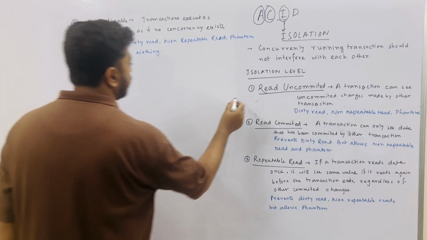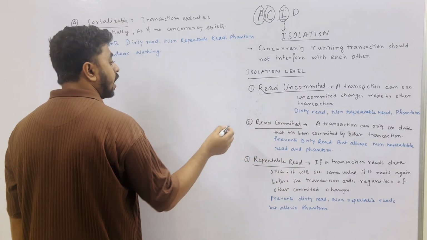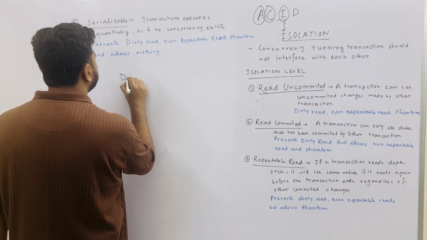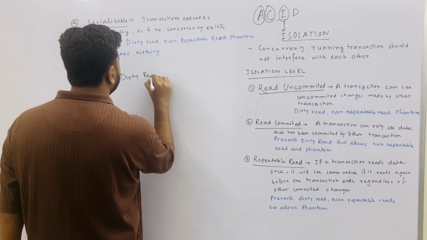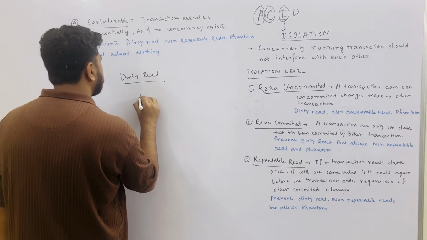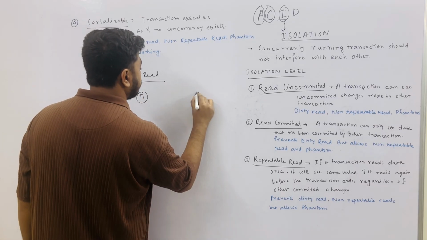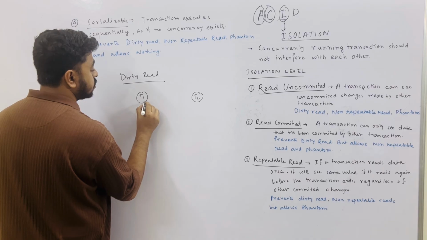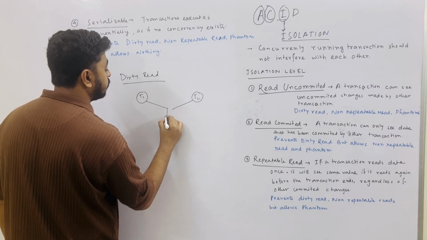Before I go to the isolation levels, I will tell you what dirty reads, non-repeatable reads, and phantoms are. What is a dirty read? Suppose two transactions are running, transaction 1 and transaction 2, and they are updating one table.